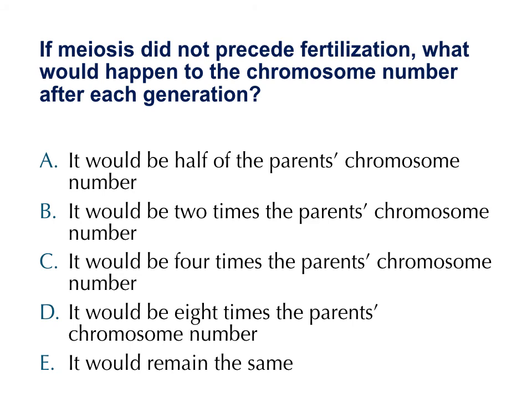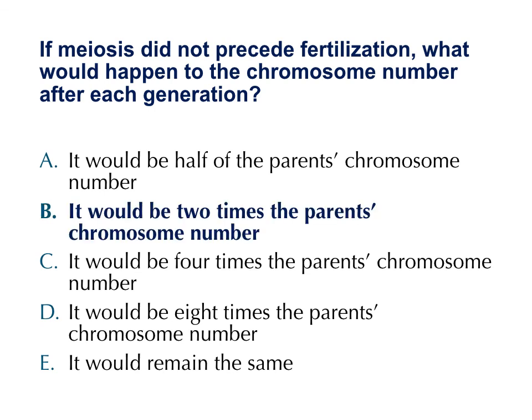If meiosis did not precede fertilization, what would happen to the chromosome number after each generation? Would it be half the parent's chromosome number, or twice the parent's chromosome number, or 4 times the parent's chromosome number, or 8 times the parent's chromosome number, or would it simply be the same? And it would be twice the parent's chromosome number, because we never underwent a reductional division.